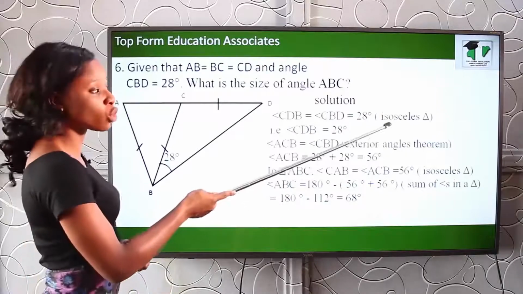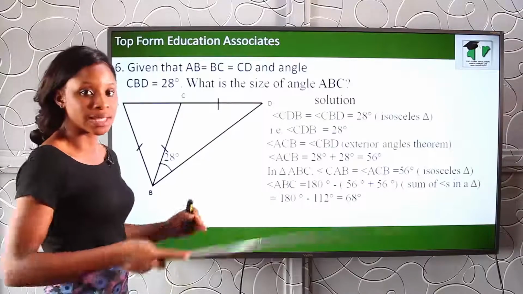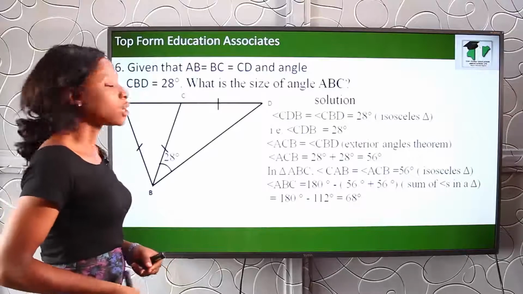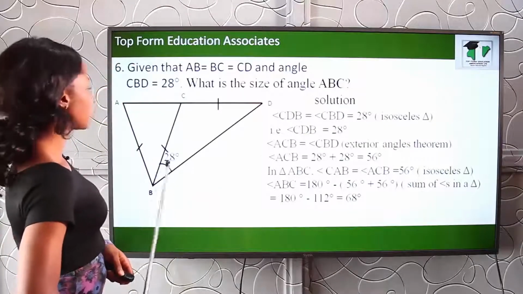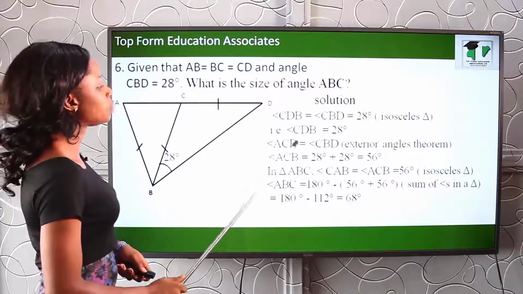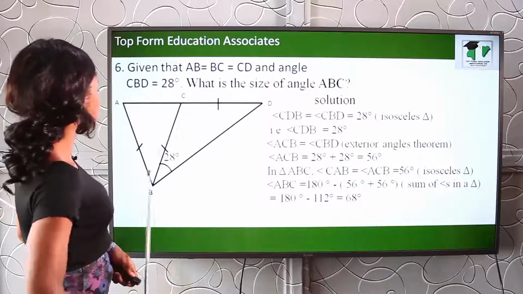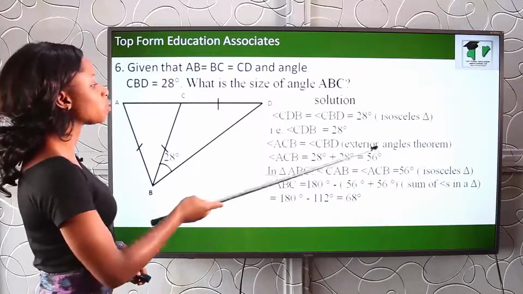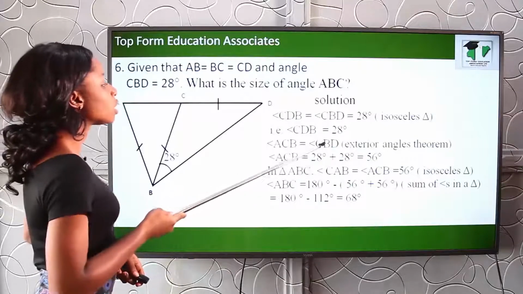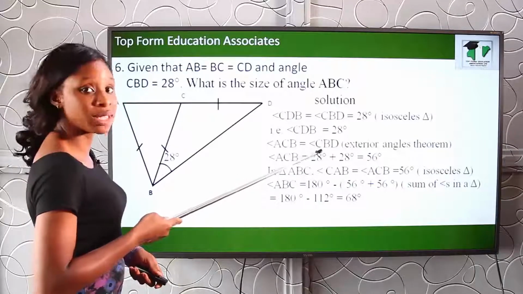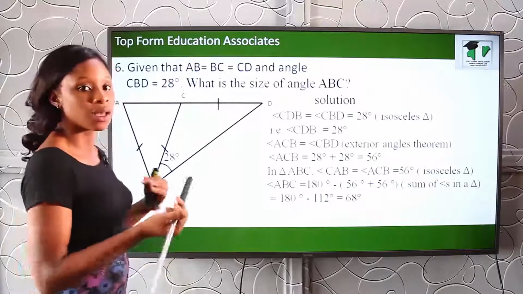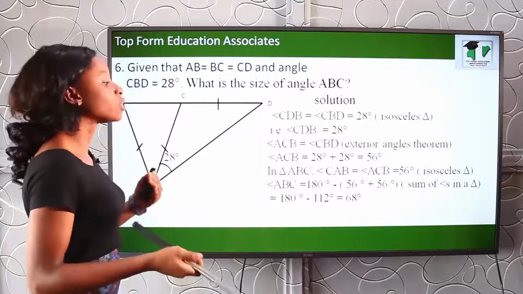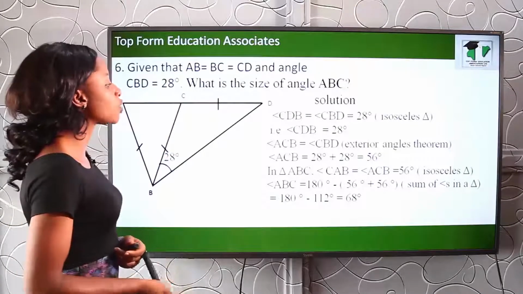Using the fact that an isosceles triangle has two equal sides, CBD is 28 degrees. Angle ACB, this side, is equal to x. We use the fact that x is equal to angle CBD because of the exterior angle theorem, which says that the exterior angle is equal to the sum of the interior opposite angles.